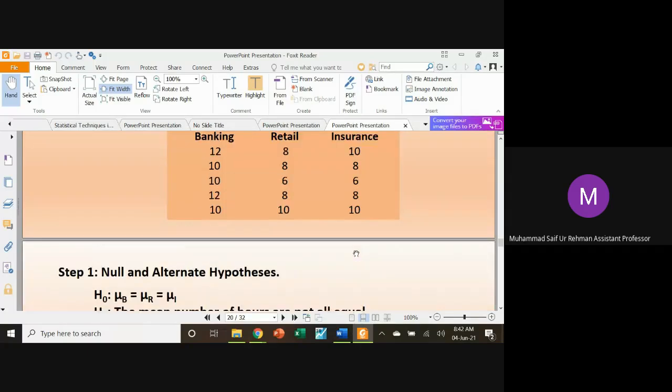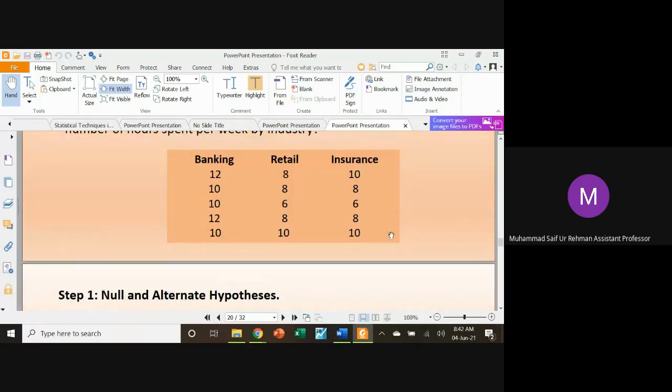So the first case that we discussed was the case where we took equal values in each sample. So 1, 2, 3, 4, 5. There were basically three industries, and we took a sample containing 5 values from each industry.